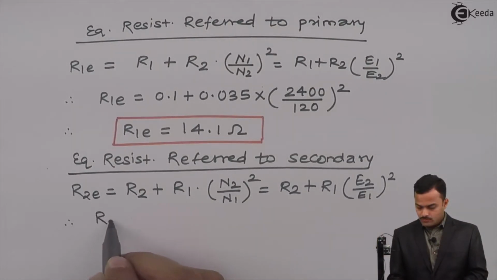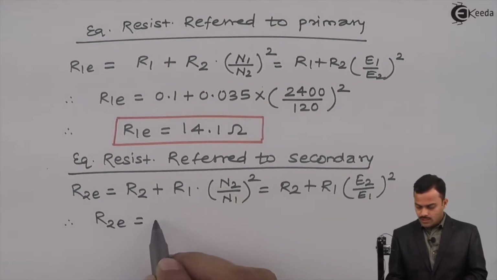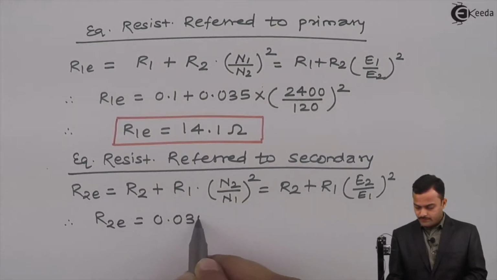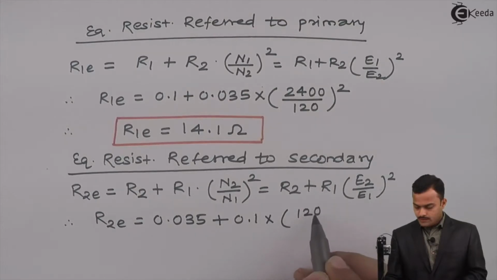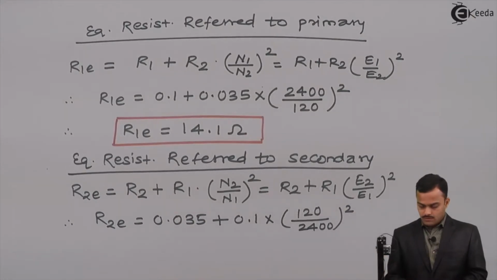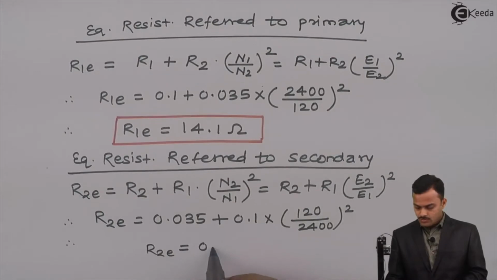So R2E equals R2 is 0.035, R1 is 0.1, E2 is 120, E1 is 2400, whole squared. So if you solve, you will get R2E, the equivalent resistance referred to secondary, as 0.03525 ohm.